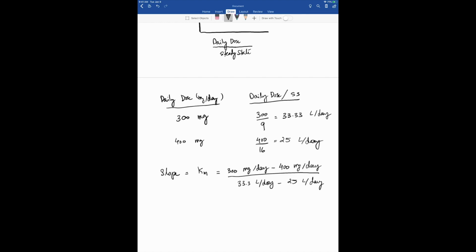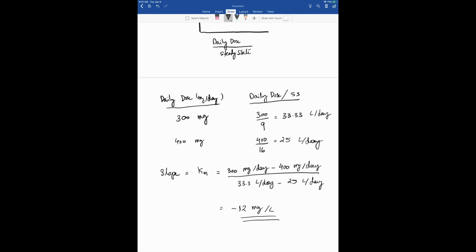And so that'll work out to negative 12 milligrams per liter.